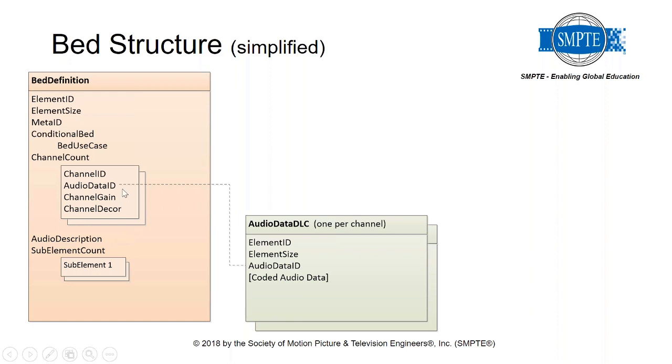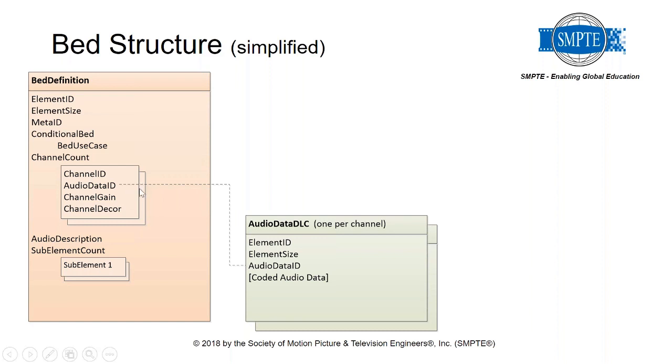And there's going to be one of these metadata structures for each channel. And so for each channel, there's an ID, which basically is a routing destination, an audio data ID, which points to the essence element that carries the actual essence associated with that channel. There's a channel gain parameter and a channel decorrelation parameter, which stands for a decorrelation effect.